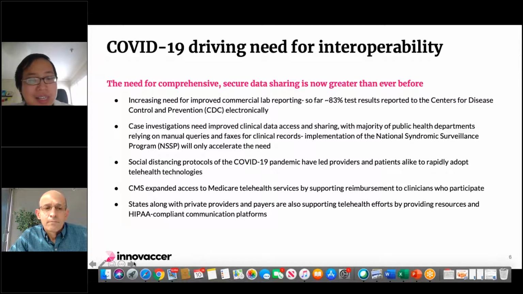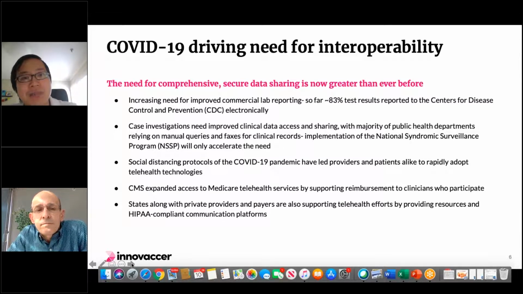And similarly, states are also supporting private providers and payers in driving adoption of telehealth, recognizing that it's not just a need now, it's going to be a need over the next months into next year, and it's likely something to stay even after the pandemic is directly addressed.